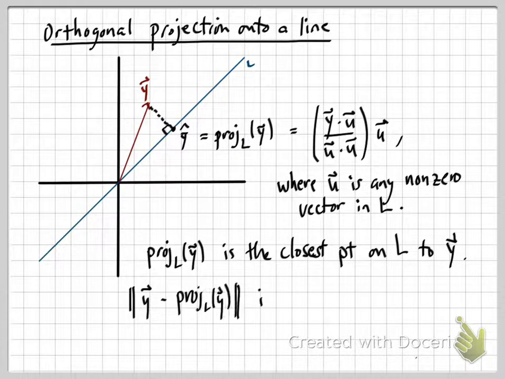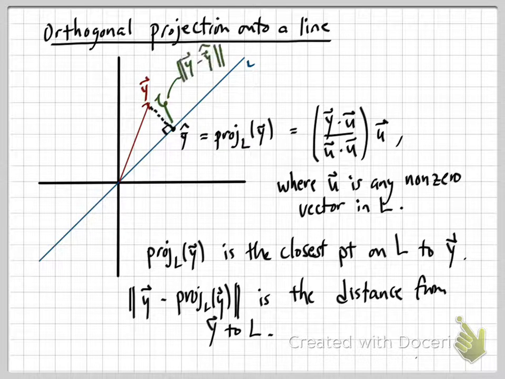And so the length of y minus the projection is the distance from y to L. So this gives you a way to compute how close y is to this line L: you just compute the length of y minus the projection.